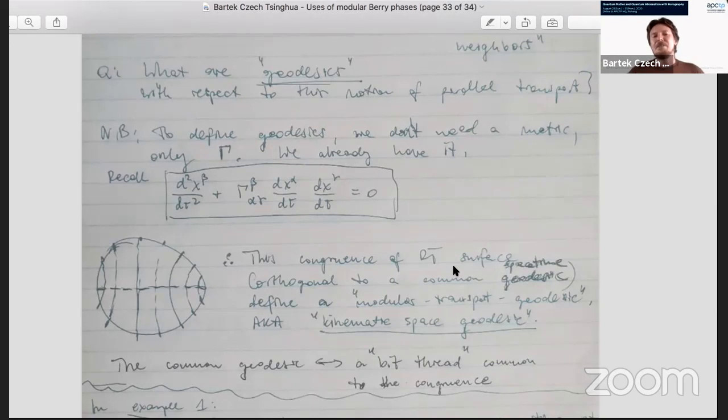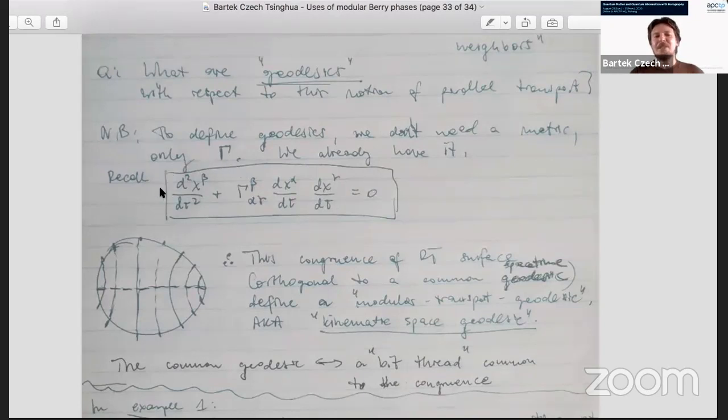And so far, I haven't given any definition of a metric on kinematic space. I haven't yet given you any notion of distance between one region and another region. So maybe we can't talk about geodesics. But actually we can, because remember, when we write down the geodesic equation, we only really need the connection term, but not the metric.